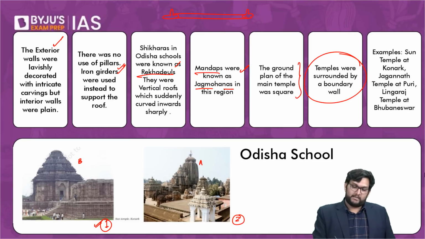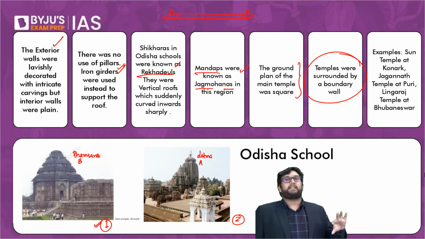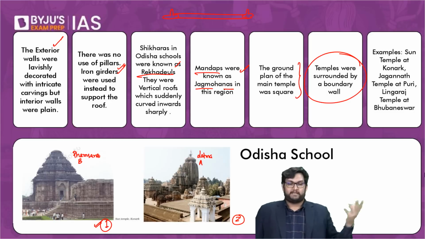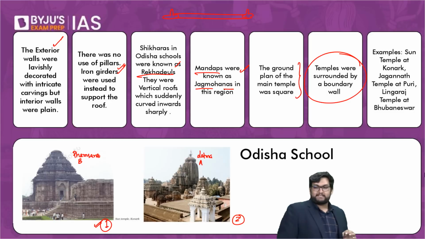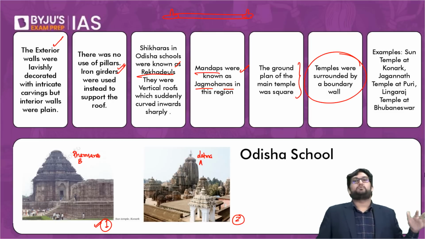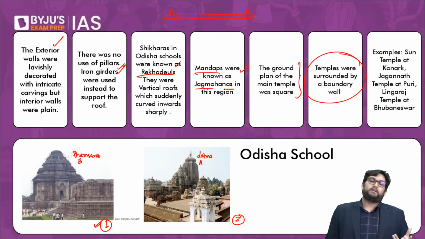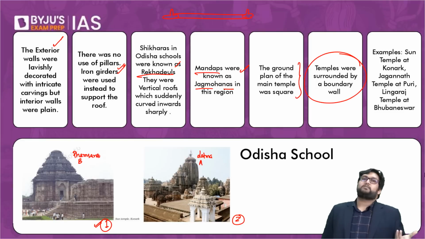You can see in the same school there are two types. One Latina, the other one Phamsana. And this tells you that every school can have both or all three in that regard. Please understand this point. It is called Odisha school because Nagara, when it goes to Odisha, it changes. The terminology changes, and therefore the simple point is that it is called Odisha school.